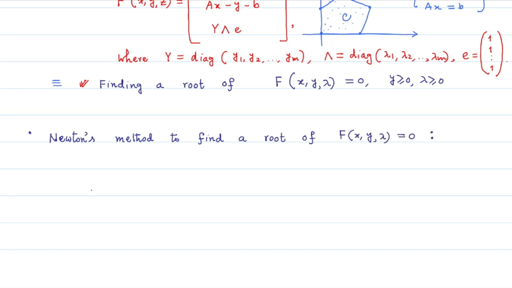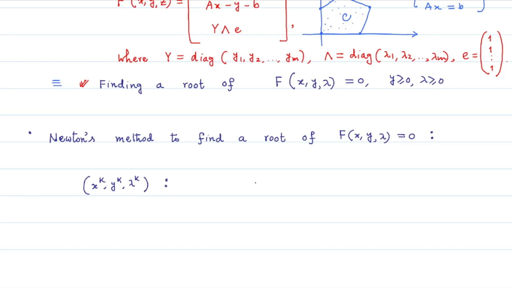Notice that Newton's method to find the solution of these nonlinear equations iteratively finds a sequence xk, yk, lambda k, starting from an initial point x naught, y naught, lambda naught.